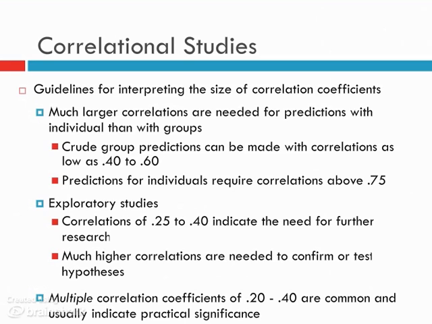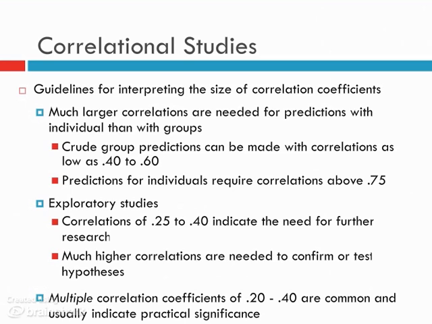You need to have higher correlational coefficients with predictions with individuals as opposed to groups, again, because with statistical measures you want to have a large number of participants so that you have the statistical power. So you can start making predictions with correlational coefficients as low as 0.4 to 0.6, and anything that's just with individuals, so if you're just looking at a very small number of participants, your correlational coefficient has to be as high as 0.75.